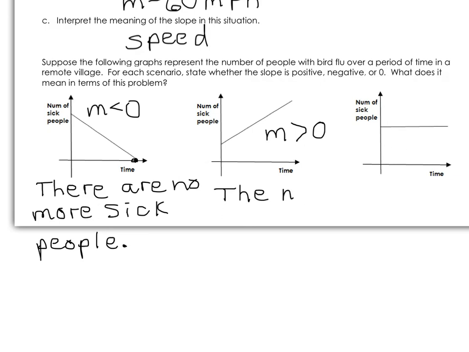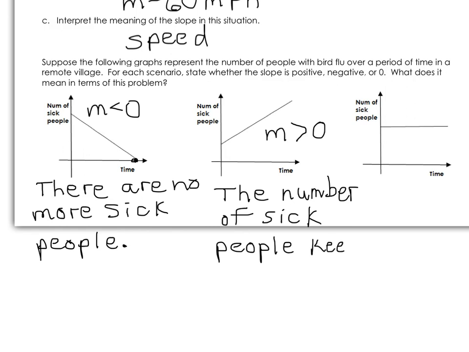The number of sick people is increasing. It looks like eventually everyone in the village is going to get sick. Everyone's going to have the bird flu. So the number of sick people keeps increasing. They have serious, serious problems.